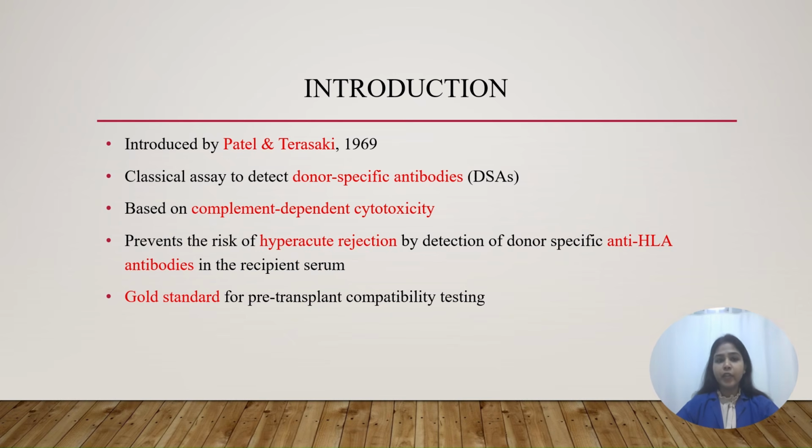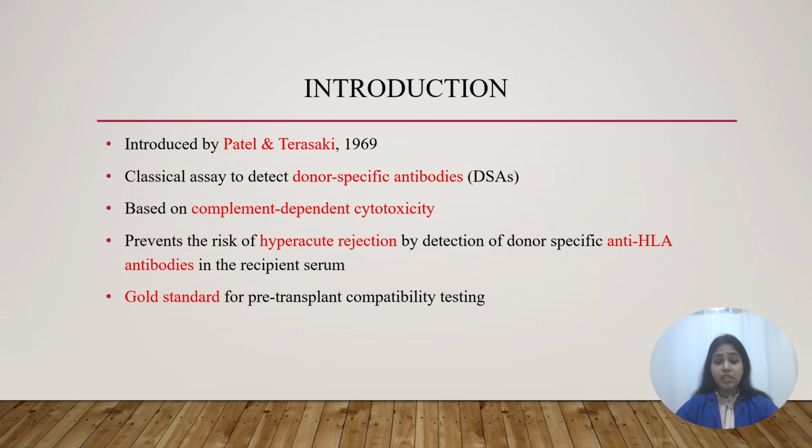But why do we need to detect these donor-specific antibodies? We need to detect them in the recipient serum, as any DSAs present in the recipient serum might be non-HLA or anti-HLA.